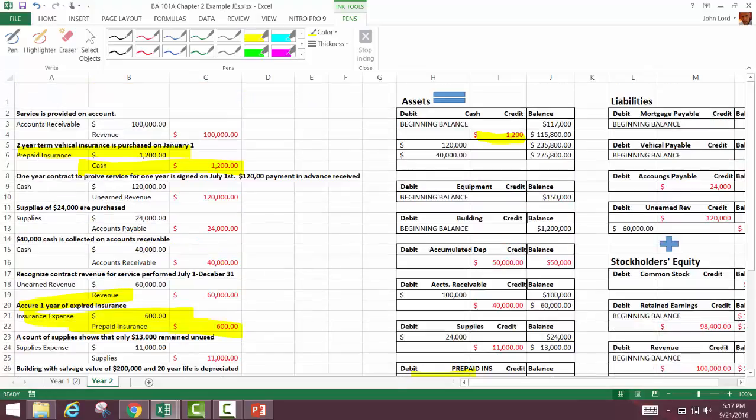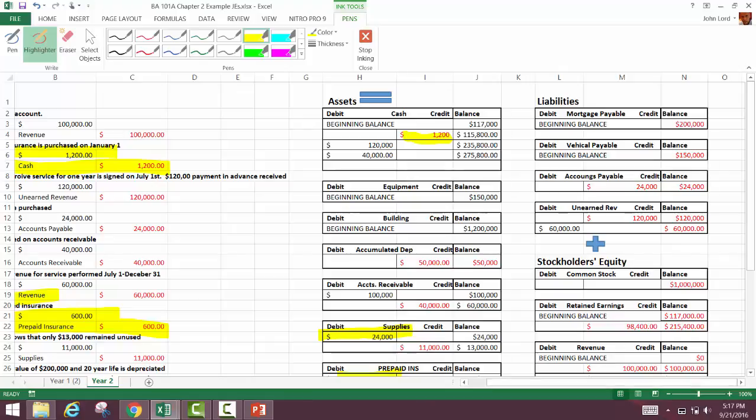I could have sworn we set up an accounts payable in one of these years. Here it is right here, where we took the supplies, right? We set up our supplies as an asset, and we hadn't paid the cash yet. We set up a liability. We set up a payable, didn't we?